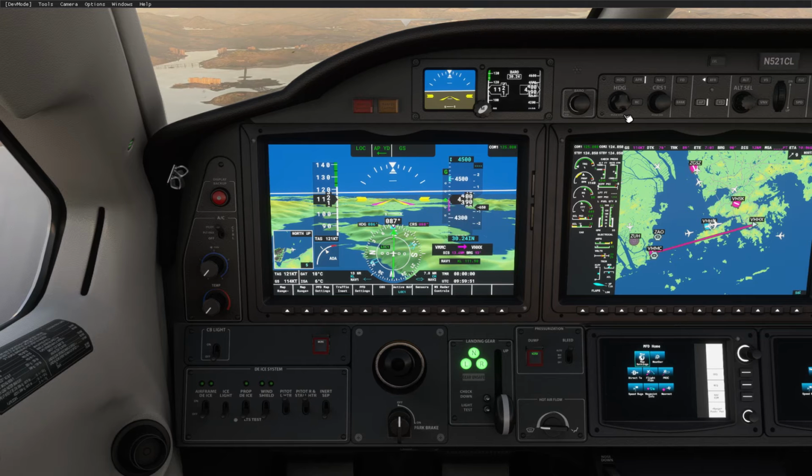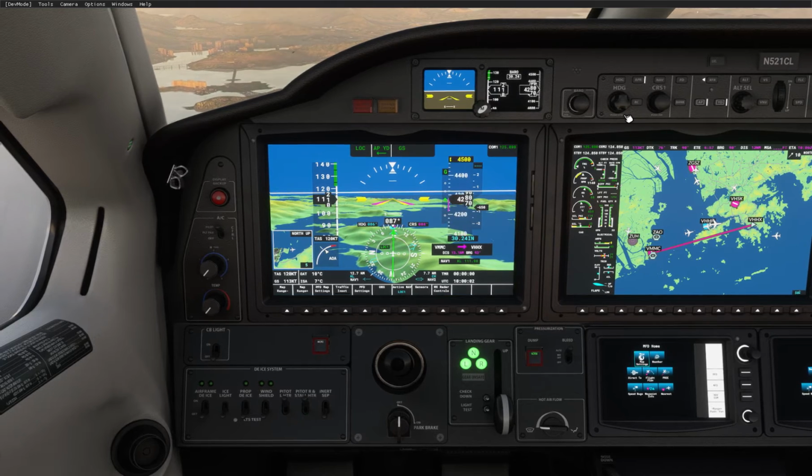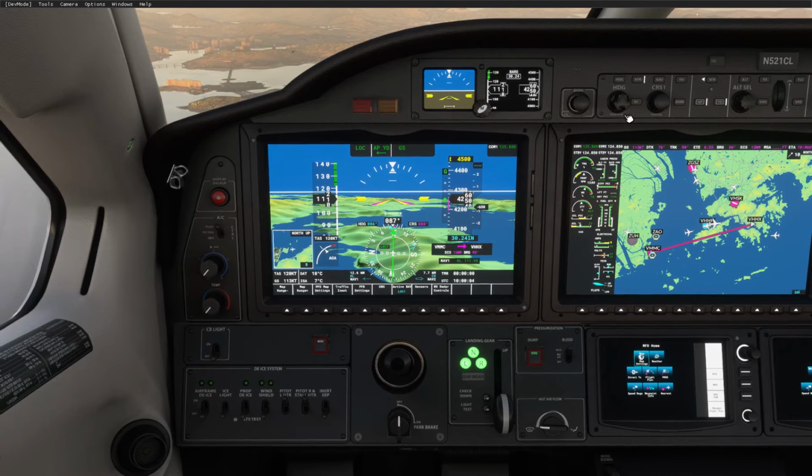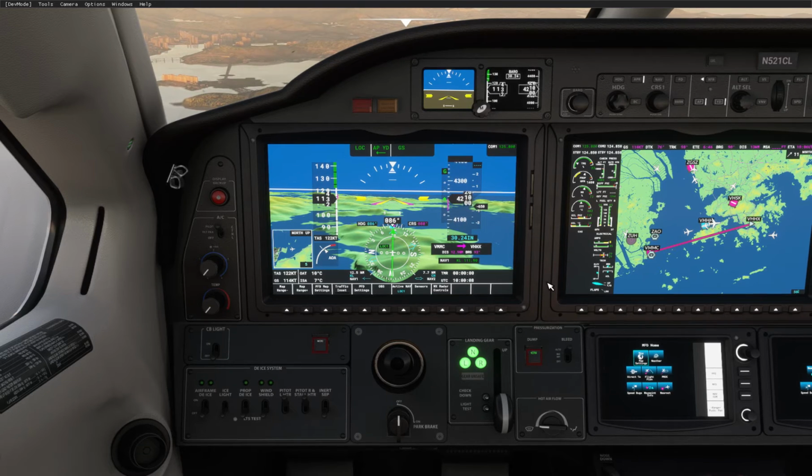Center up the heading bug. If we go missed approach, we're going to Tathong Point, which is 115.5. So I'm going to go ahead and put that in.